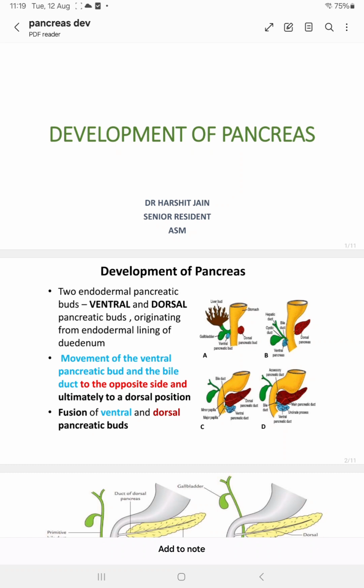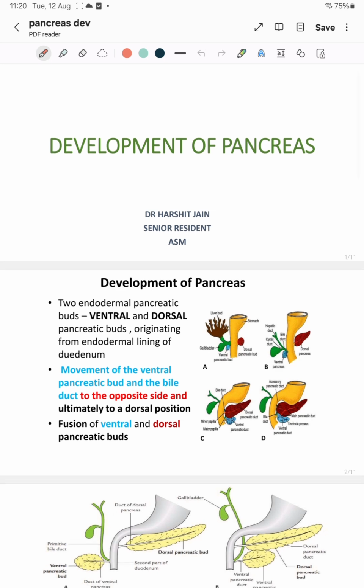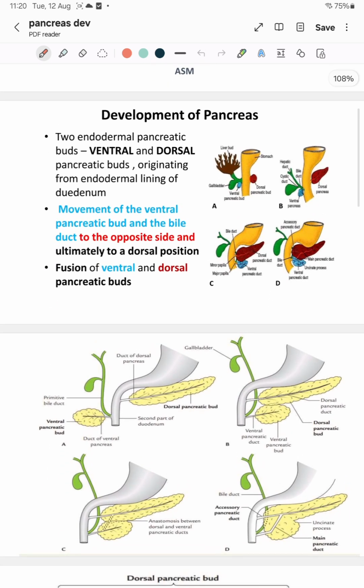So how is the pancreas developed? The pancreas is developed with the help of two buds. Which buds? Two endodermal pancreatic buds, ventral and dorsal.